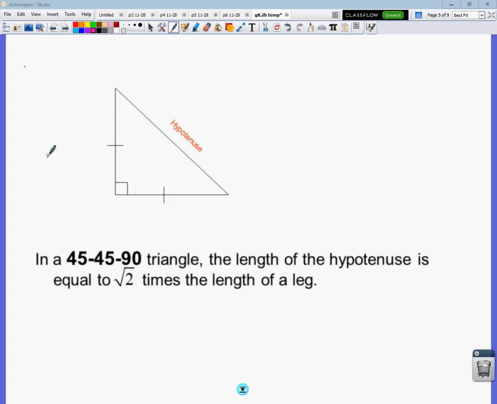Even though these angles are not marked in this triangle, can anybody tell me how I know for sure that this angle is 45 degrees and this angle is also 45 degrees? Andrew?